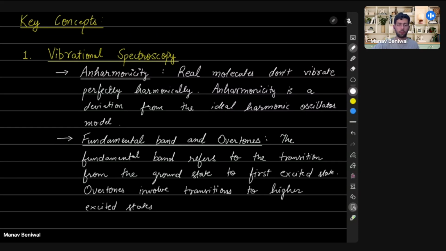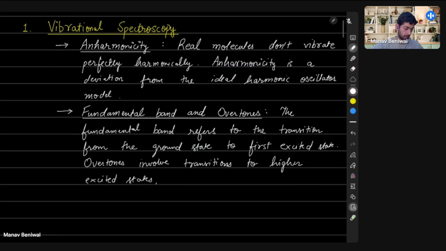For example, from the first excited state to the second, or second to third, or first to third, and so on. Those are known as overtones. So this was vibrational spectroscopy.